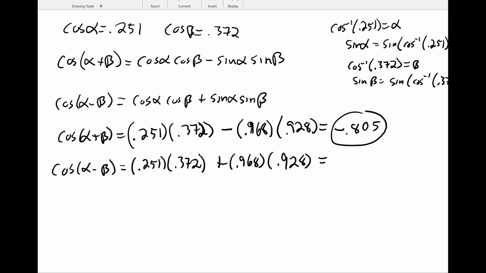The nice thing about the TI-84 is I can bring down that last expression I put in, change that minus to a plus, and I get 0.992 if I go to 3 places. And that's it. Wasn't that fun? I'm glad you agree.